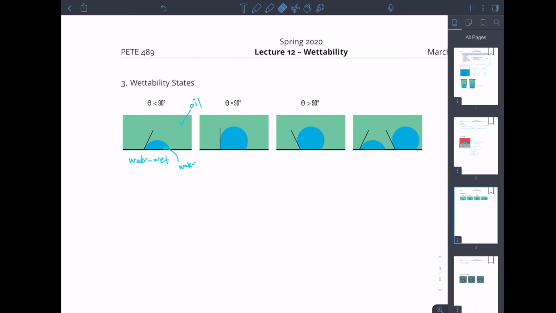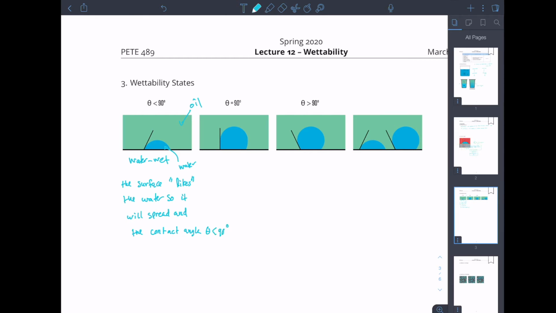So to define a water wet system, we can say that the system is water wet because the surface likes the water, so it will spread, and the contact angle, which is theta, will be less than 90 degrees.